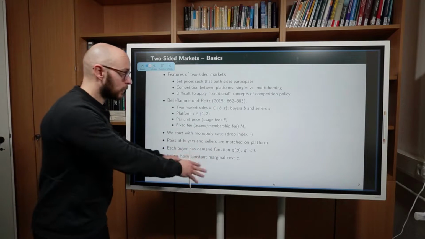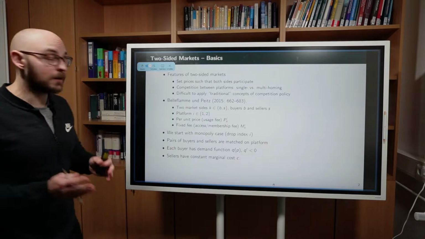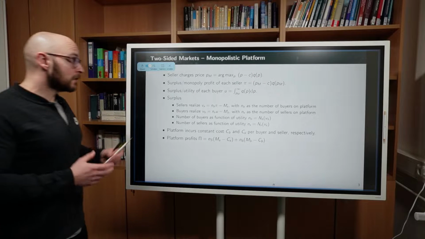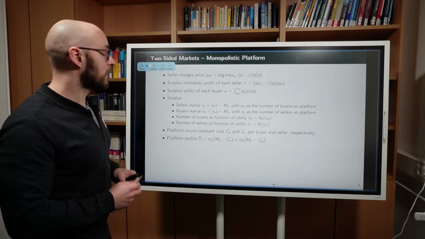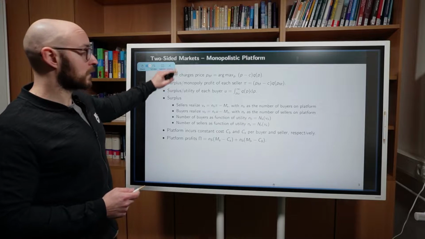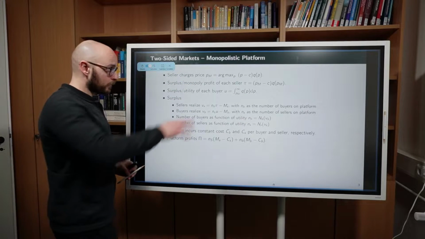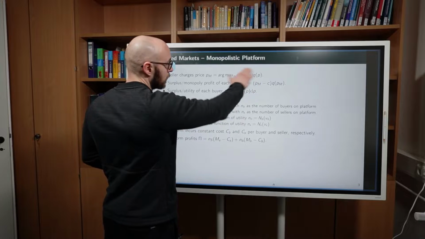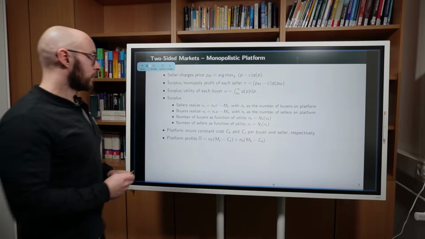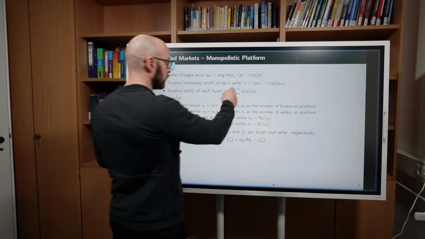We don't get into much detail about that here because it doesn't really matter to illustrate the concepts. Based on this demand and cost, we can assume that a seller charges a monopoly price which maximizes its operating profits, and we get a monopoly surplus pi for each seller.